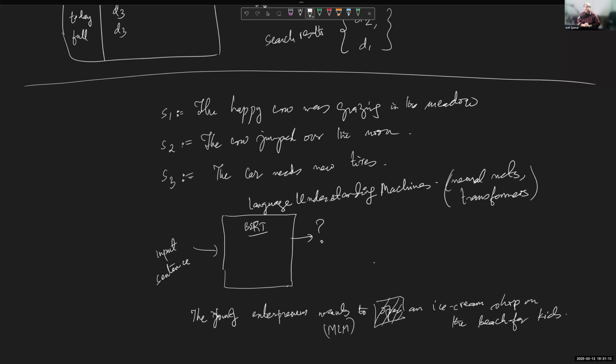And if it doesn't guess the word, there is a way for the machine to gradually learn. Let's say that for the young entrepreneur wants to, it comes up with the word hammer. And it thinks that the word open is very low probability. It's not very likely. So then you remind the machine that no, the word was open.